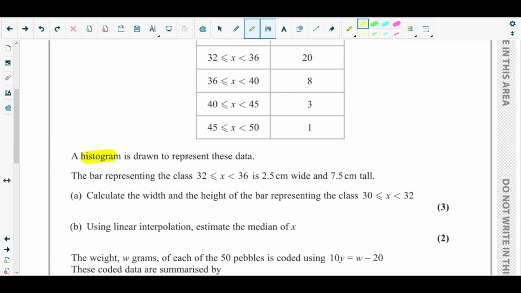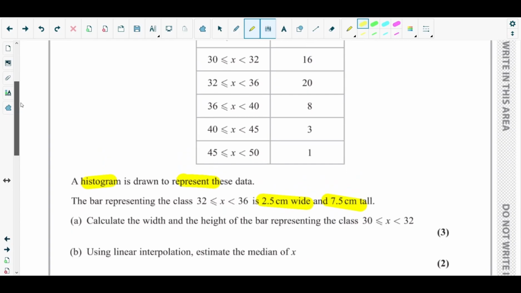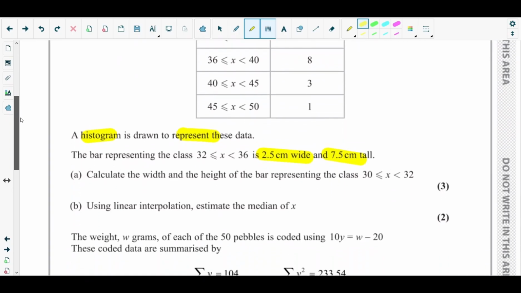The bar representing the class x greater than or equal to 32, less than 36 is 25 centimeters wide and 7.5 centimeters tall.